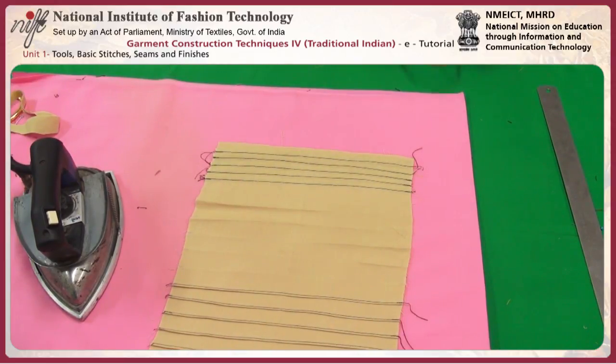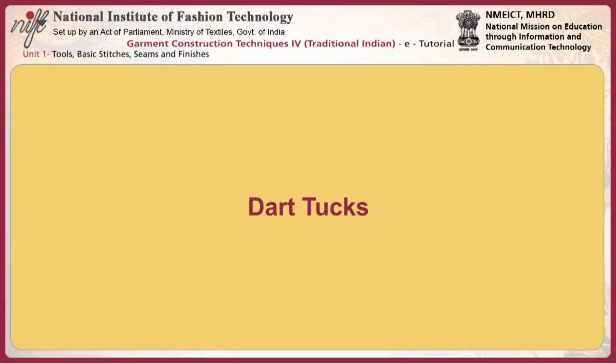We may do it with a different width. Dot tucks. Again, it is a decoration of the garment. It is taken in a dot shape and stopped partway, so it will give fit along with the body.